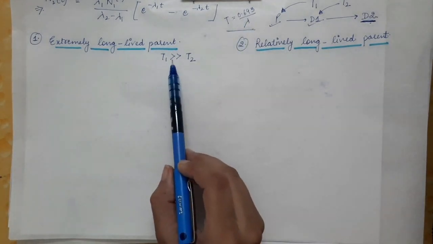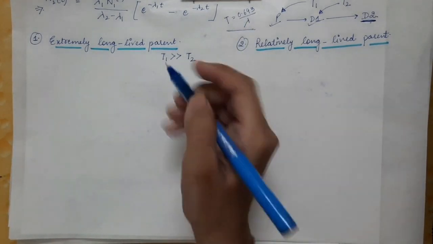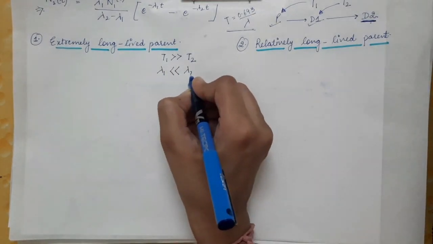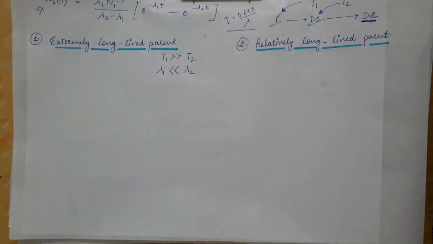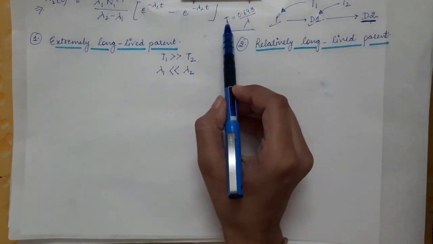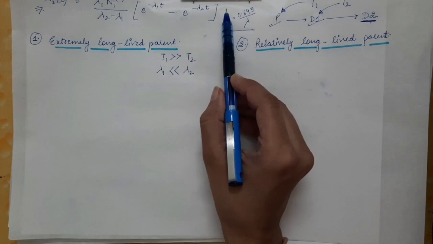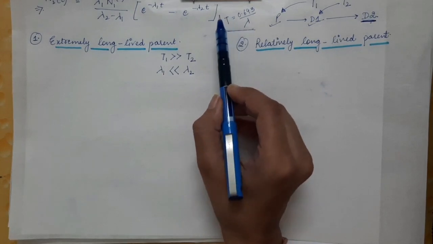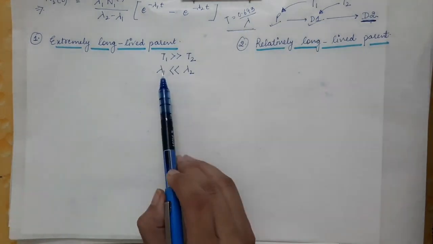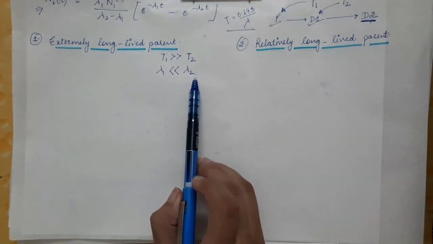If T1 is very greater than T2, which means lambda 1 will be very less than lambda 2, because T is inversely proportional to lambda. If the parent nuclei is extremely long lived, then the decay constant will be very less. So lambda 1 will be very less than lambda 2.